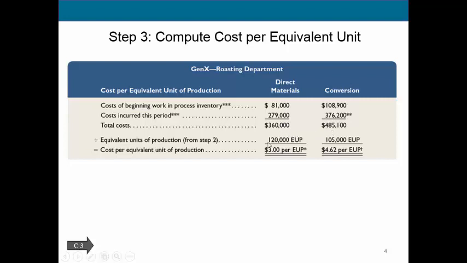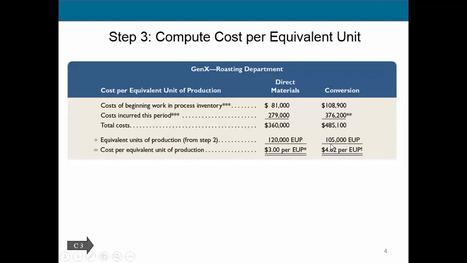Remember, direct materials for all of our units were 100% complete. So we divide our total costs by 120,000 units of production, and this tells us that each of our units cost us $3 per unit for direct materials. Then our conversion costs, remember we had 100,000 units that were totally complete, and then we had 20,000 units that were 25% complete.